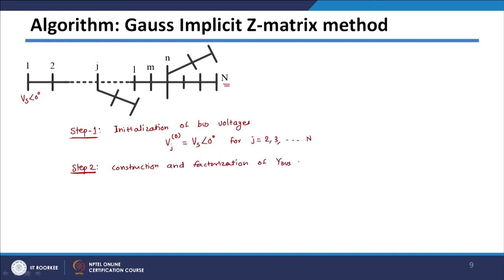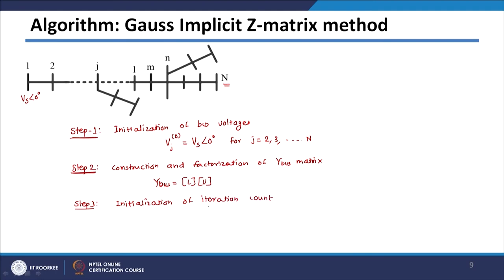So once you get the Y bus matrix, we can say your Y bus matrix will be L multiplied by U, that is LU decomposition we are doing, factorization we are doing. Then step 3 will be initialization of iteration count.